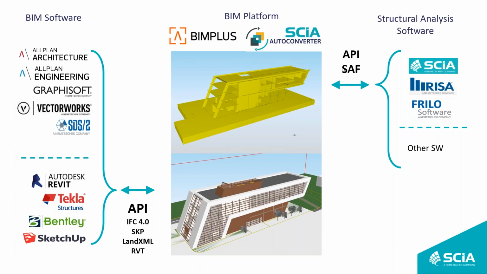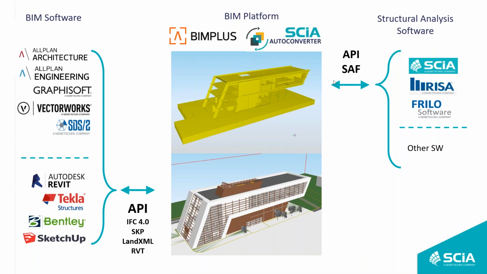SAF is a format for the data exchange of the structural analysis model, which is now quite widely adopted and used. And then we can import our analysis model into our structural analysis software that we can see on the right-hand side of the screen. In our case, we will use SCIA Engineer, the latest release 22.